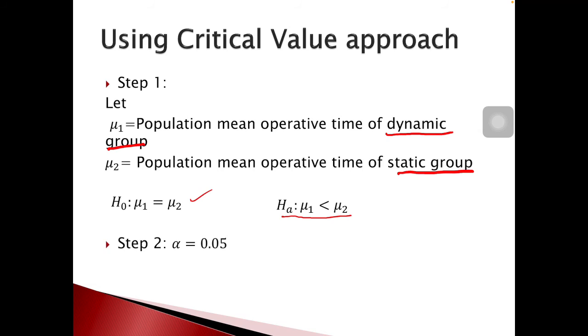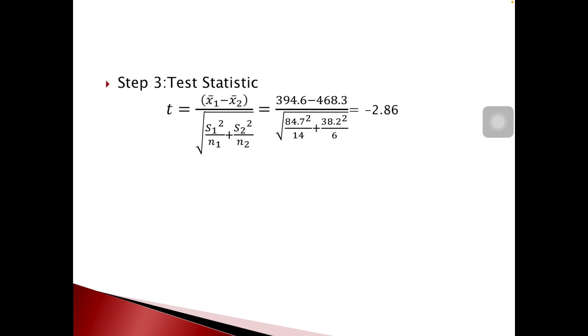Step 2, what is your alpha? Alpha is 5%, so when you convert it to decimal, it is 0.05. So the next step is the test statistic t. By plugging values into this formula you can figure out what t is.